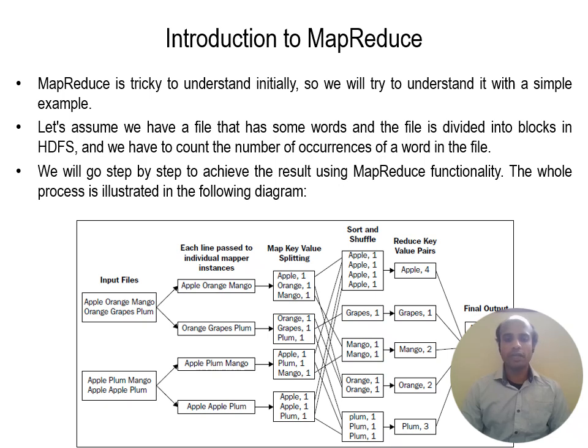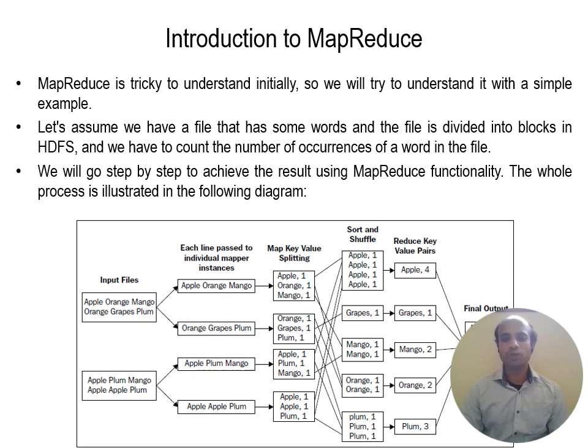With each line passed to individual mapper instances, you map the key value splitting. You number them, like apple 1, orange 1, mango 1, orange 1, grapes 1, plum 1, and apple 1, plum 1, mango 1, and so on.